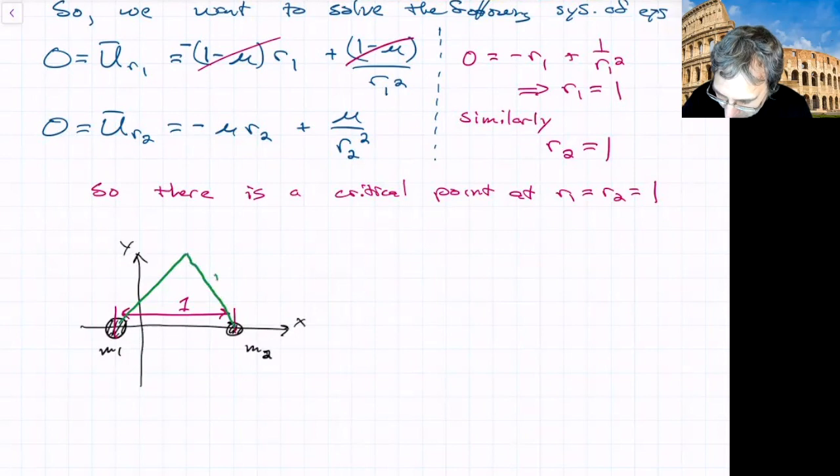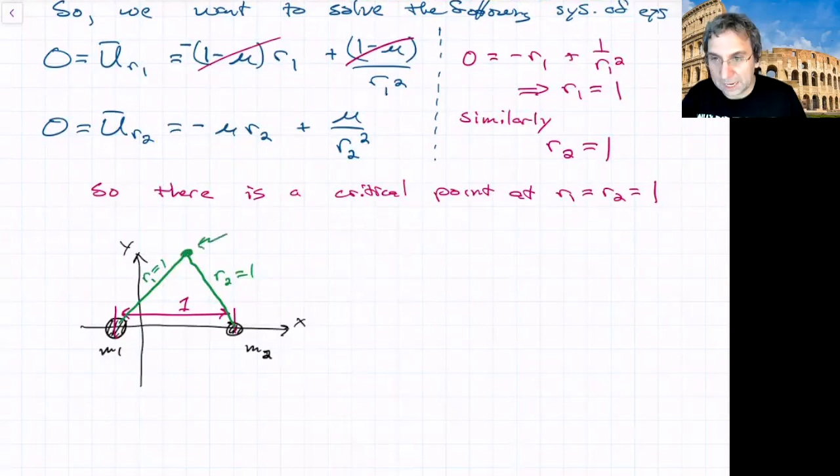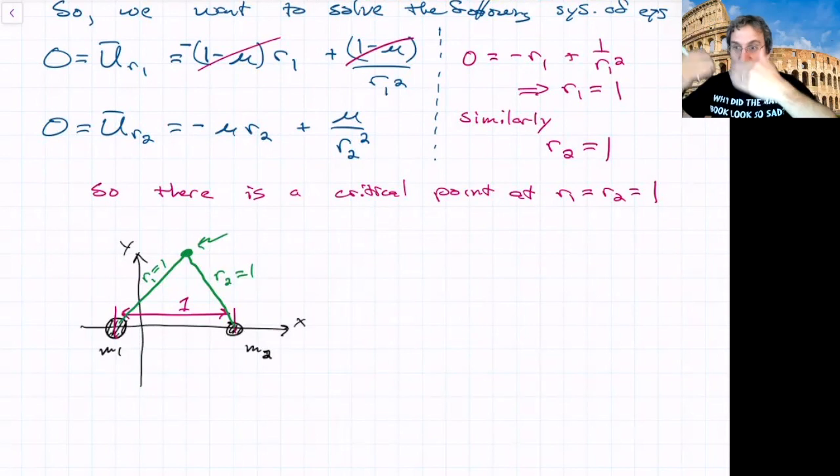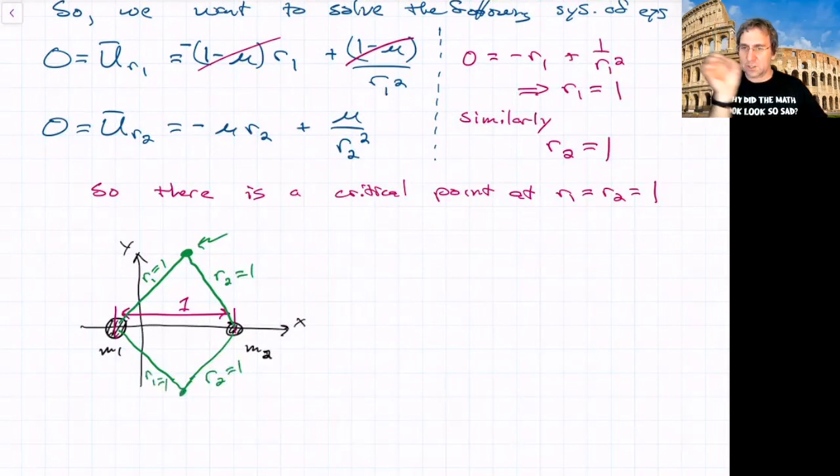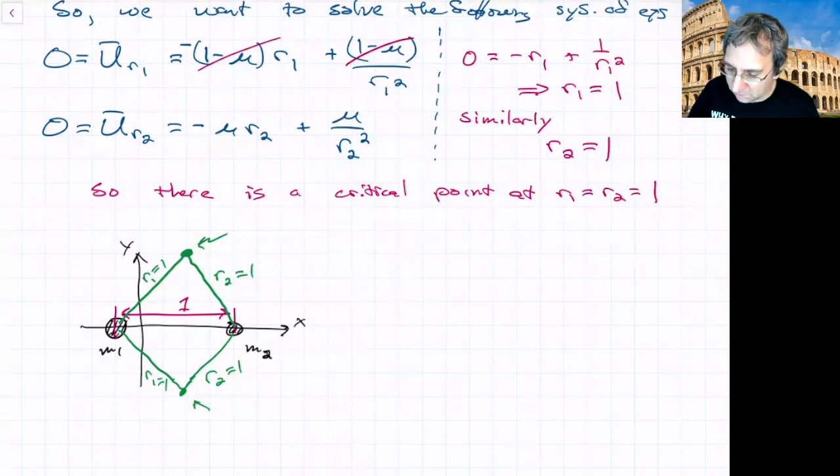So at this point, this is R2 equal to 1 and R1 equal to 1. So it would be that point. That's one of these equilibrium points. Of course, there's a mirror image solution if you look below the x-axis, where again, both of these are equal to 1, R2 equal to 1, R1 equal to 1. And hopefully you can convince yourself, if you try to move these points anywhere else, there's nowhere else. There's just these two equilibrium points.